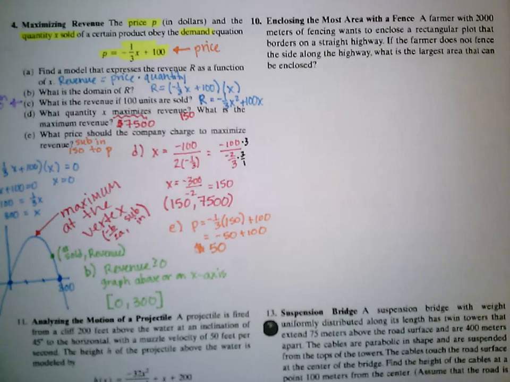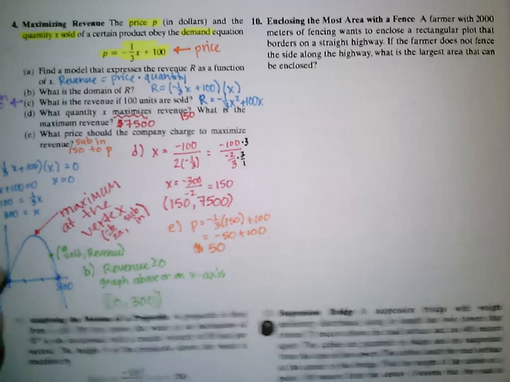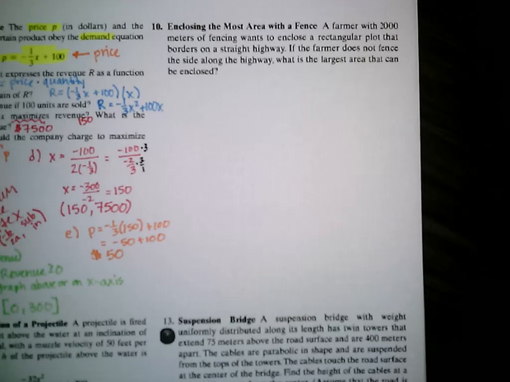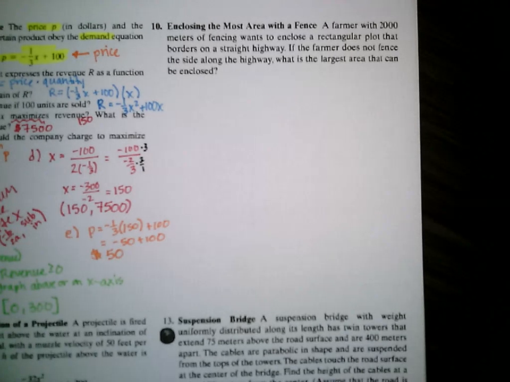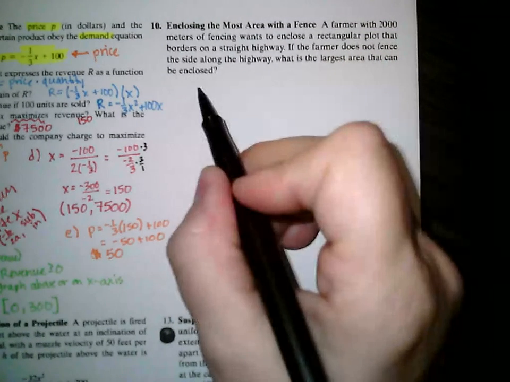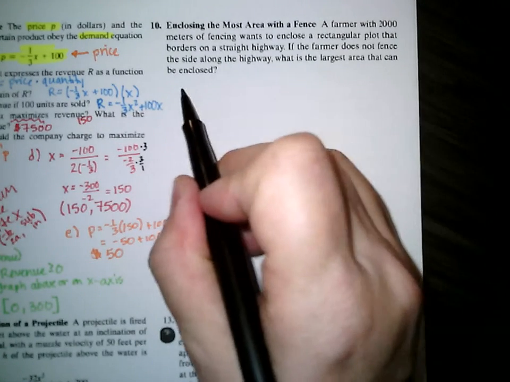All right, moving on. Number 10, enclosing the most area with a fence. So we've got a farmer that lives next to a highway, and they're going to be building a rectangular plot with 2,000 meters of fencing, but they're not going to fence the side along the highway. Don't ask me why that makes sense.